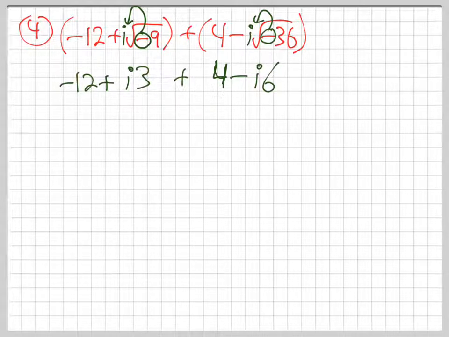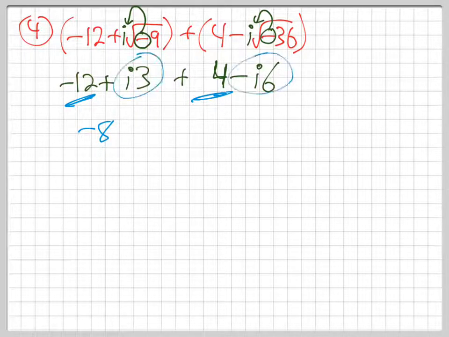And now we just combine like terms. Probably what you were thinking. It's exactly right. Am I going too fast? Is that good? So minus 12 plus 4, if you lose $12 and you gain back 4, where's your bank account? Down 8, right? And then this and this combine.